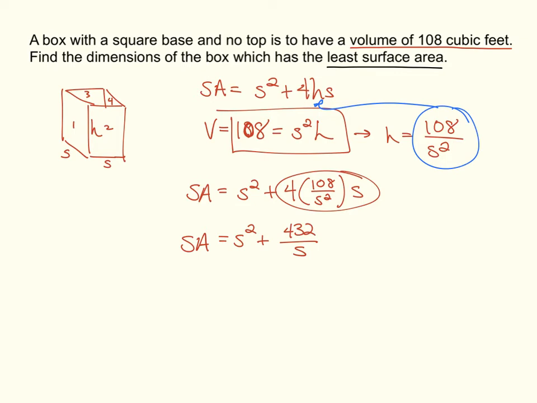Now that we have an equation, we need some sort of feasible domain, which I will write over here. The feasible domain for this, the side of our square base in this picture, would have to start at 0.